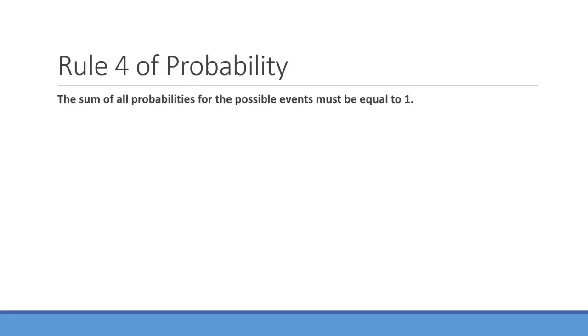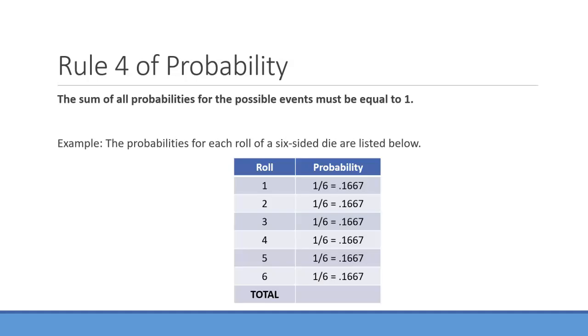Rule number 4 is that the sum of all probabilities for the possible events must be equal to 1. So let's bring back that 6-sided die that we were talking about. The probability of rolling a 1 is 1 out of 6. The probability of rolling a 2 is 1 out of 6. Right?